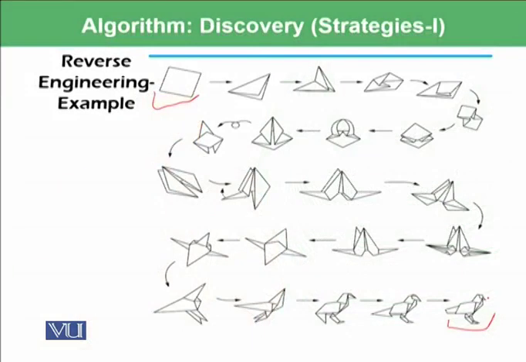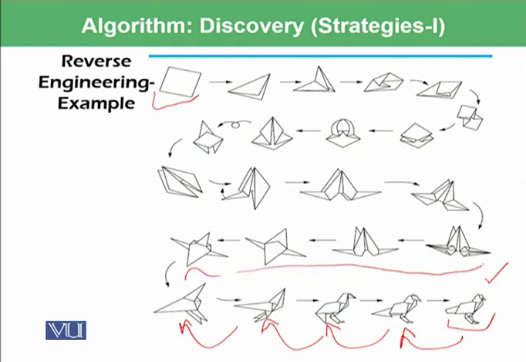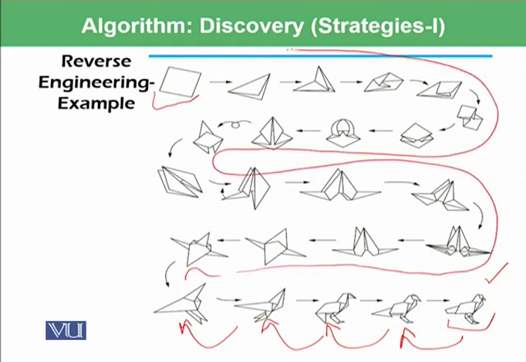So let's see, if you have such a problem that you have the paper and you have come up with the bird, then to understand how paper was converted to the bird, you need to unfold the bird to this, to this, to this, and so on, and going in the backward direction, you can reach over here, and then you can learn over a period of time what step was followed to make this as this thing, and to make this as this thing, and so on.